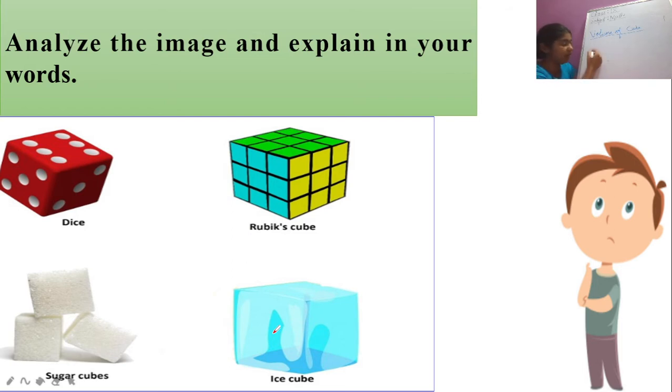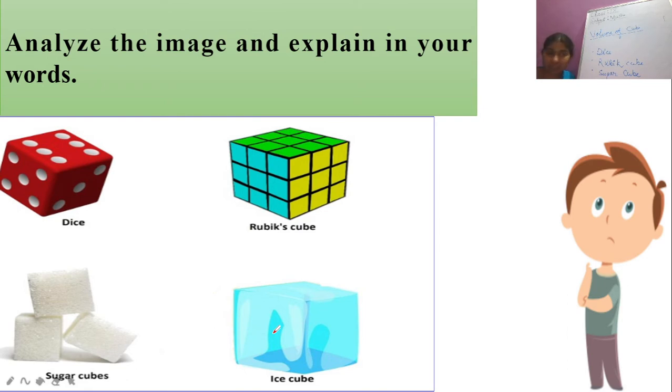Yes, first we have a dice, second we have a Rubik's cube, third we have a sugar cube, and fourth we have an ice cube, right? So students, why am I showing you all these types of cubes?